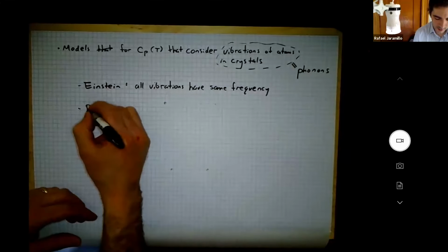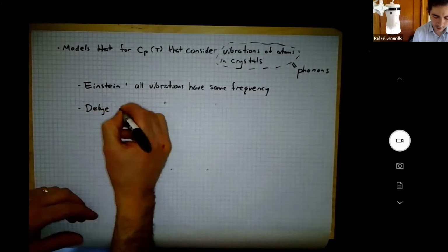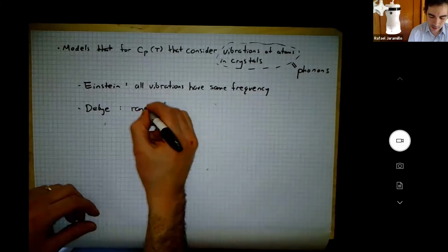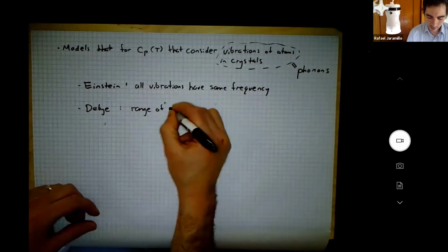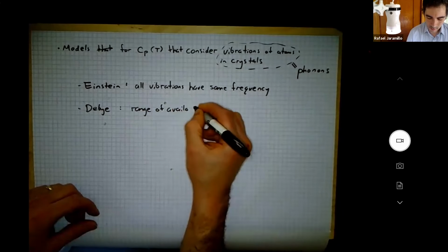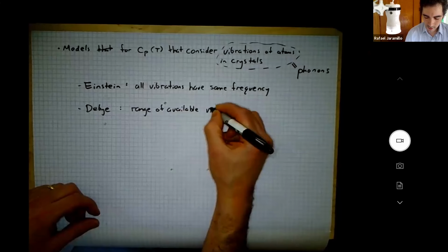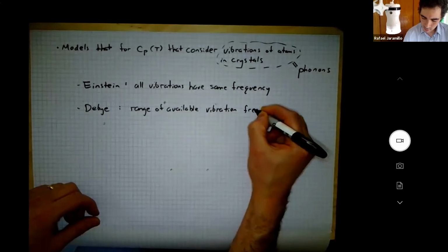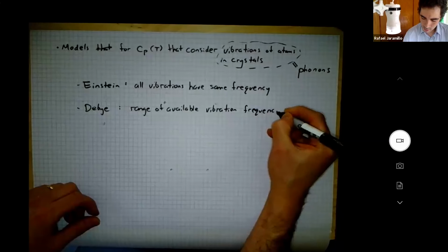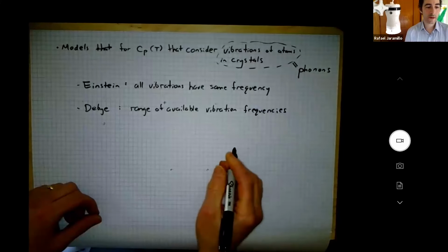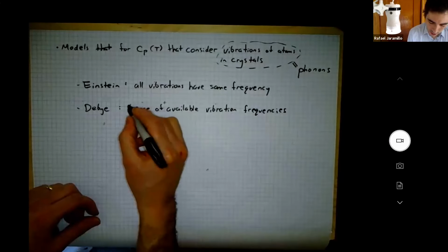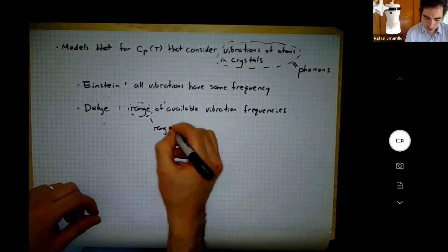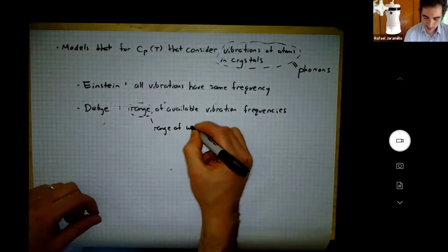And there's a fancier model. There's the Debye model, which is that there's a range of available vibration frequencies. A range of frequencies. And this range is associated with a range of wavelengths.